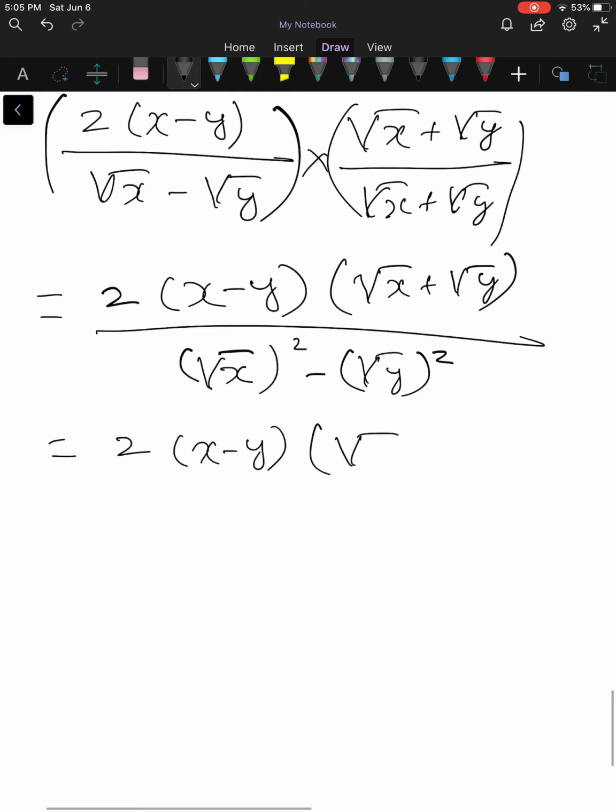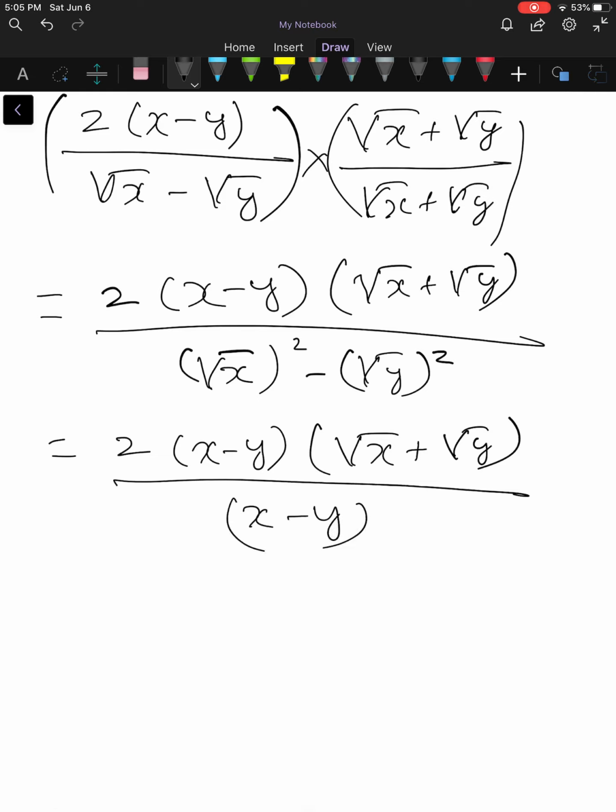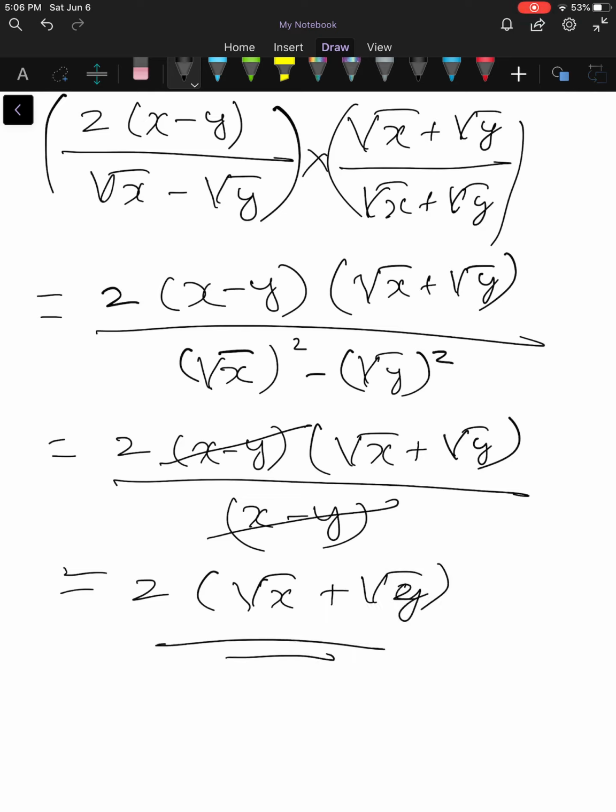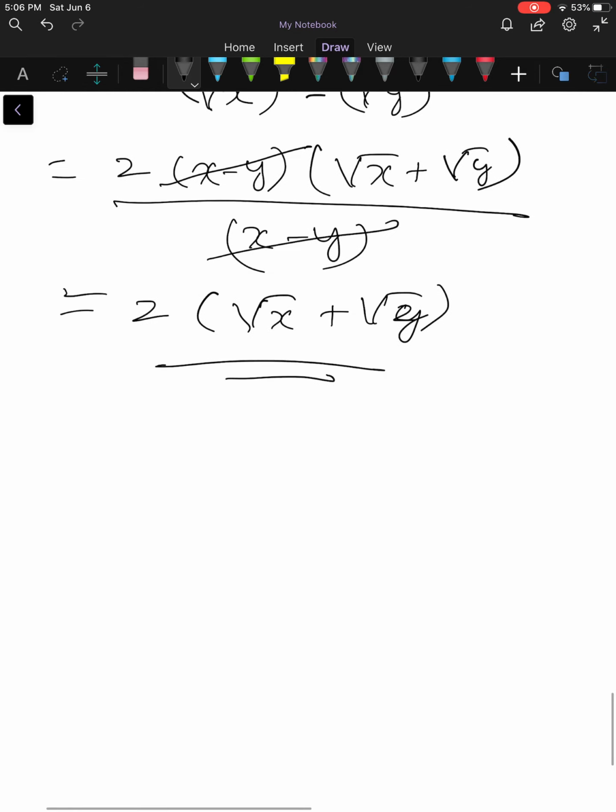So this is nothing but 2 times x minus y times square root of x plus square root of y divided by x minus y. You have x minus y common in the numerator and denominator, so cancel them. So 2 times square root of x plus square root of y is the final answer.